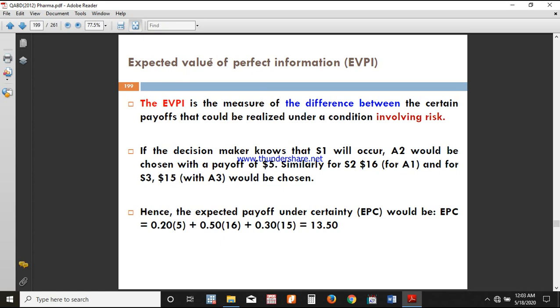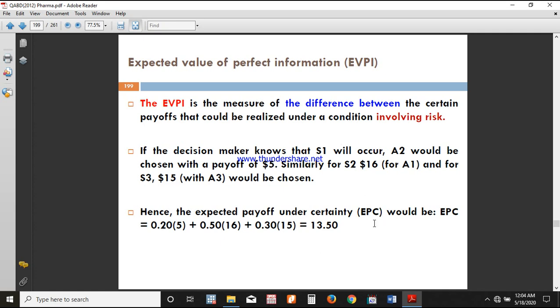The other one is the expected value of perfect information, or the EVPI. This expected value of perfect information is a measure of the difference between the certain payoffs that could be realized under a condition involving a risk. Therefore, the formula of EVPI is EPC minus EMV.